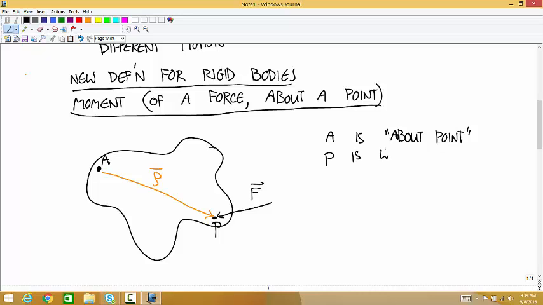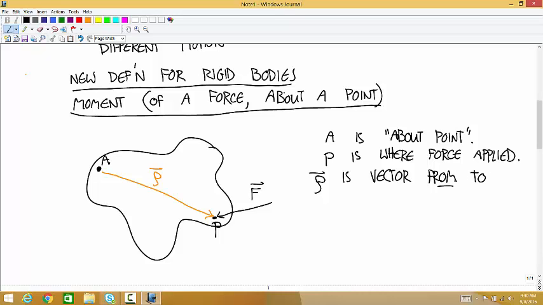P is where the force is applied. And that rho vector is a vector from A to P. And another way of saying that is, in other words, the rho vector is equal to the coordinates of P minus the coordinates of A.